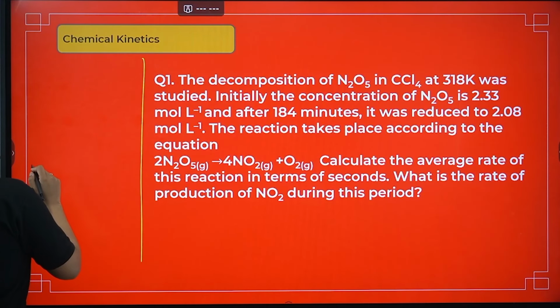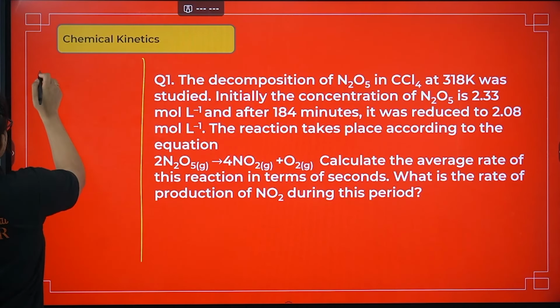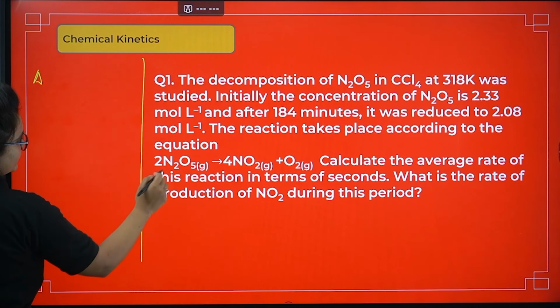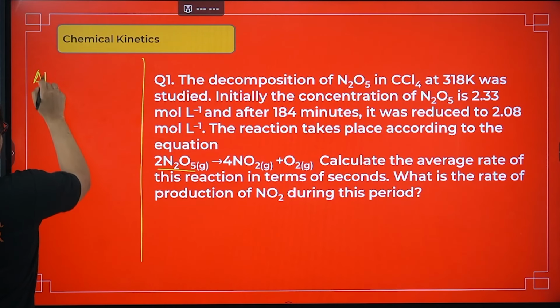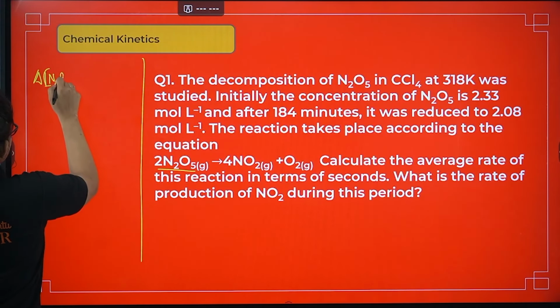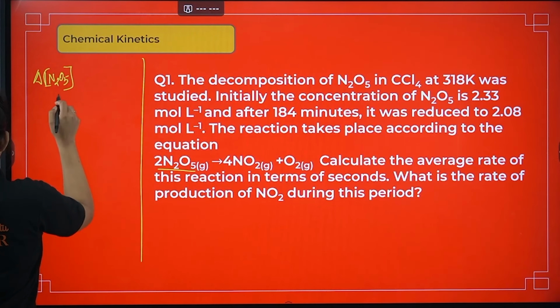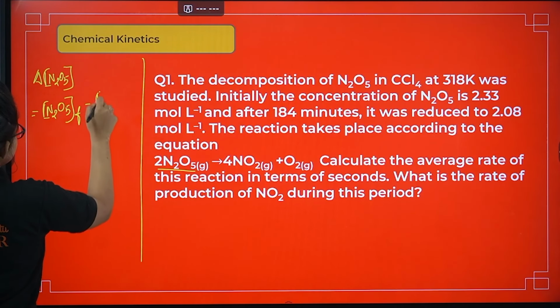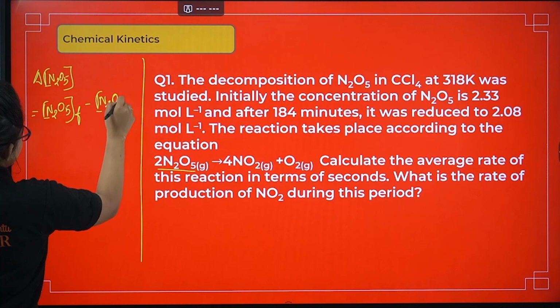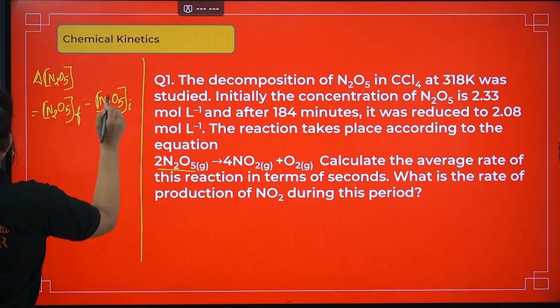Basically, we should first find out the change in concentration of N2O5, that is concentration of N2O5 final minus concentration of N2O5 initial.